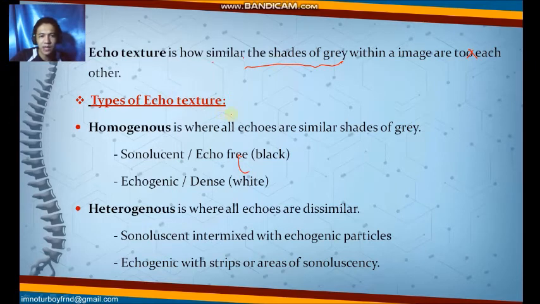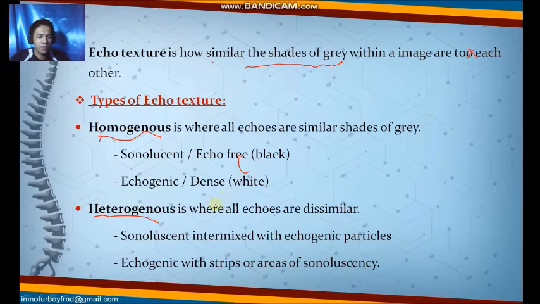Okay, so we have different types of echo texture. As mentioned yesterday, we have the anechoic, we have the hyperechoic, we have the hypoechoic regions. Okay, so we have the homogeneous echo texture, and then we also have heterogeneous echo textures.